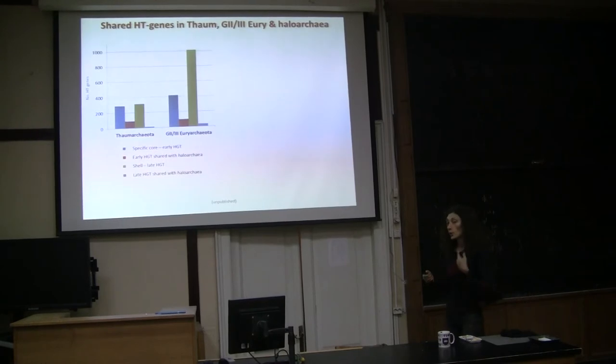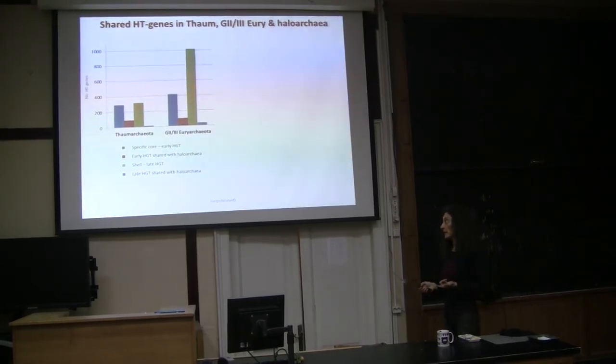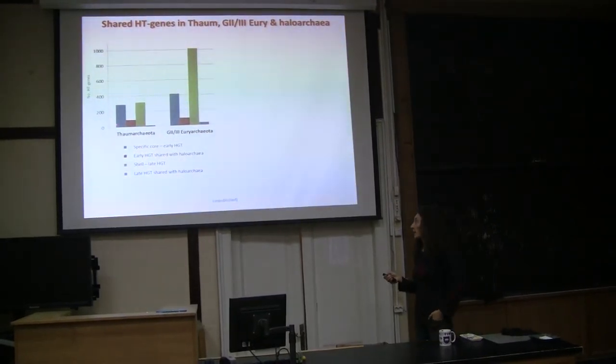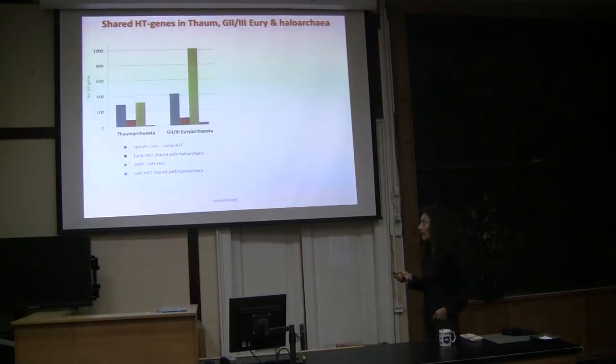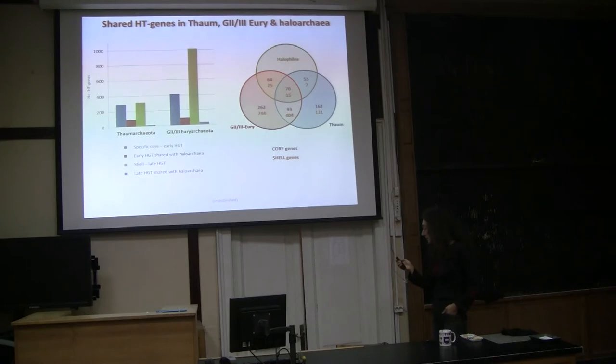When you count the number of these shared genes, up to 1/3 of the genes that have been acquired by Thaumarchaeota from bacteria are also shared by halophiles, and up to 1/4 of the genes that have been acquired by group 2 and 3 Euryarchaeota from bacteria are shared with haloarchaea. So here you have the numbers.